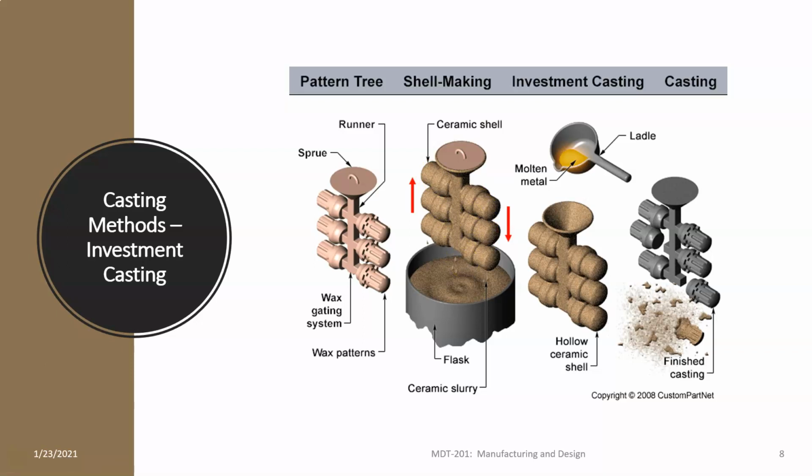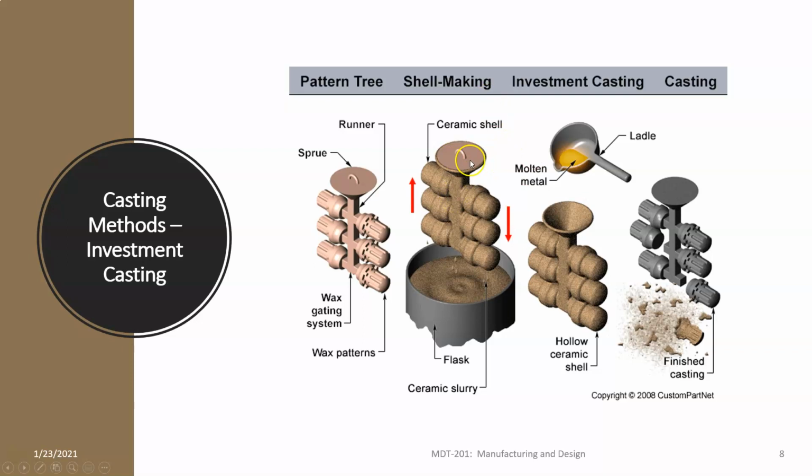So a hard shell. Then we're going to, what they're missing here. Okay. What they're missing here is the step in between the shell making and the investment casting, where you take this whole thing that you just made, and you put it in an oven upside down and you melt the wax out.